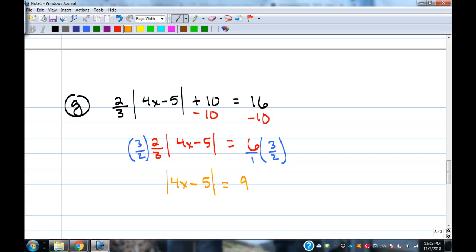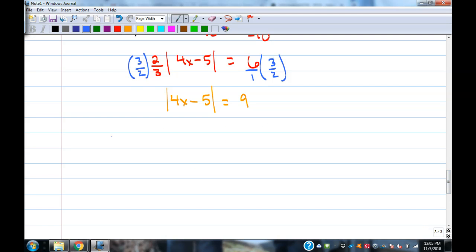Absolute value of 4x minus 5 is equal to positive 9. So set up two equations. What are my two equations? So 4x minus 5 is equal to positive 9. 4x minus 5 is equal to negative 9.